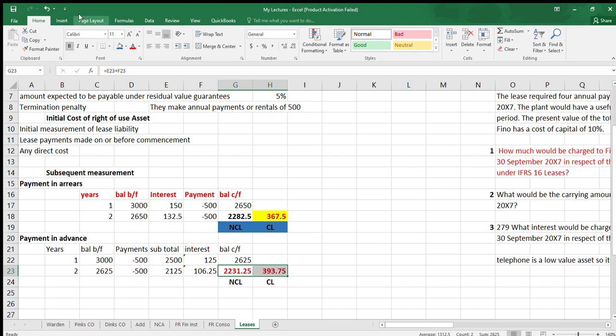That's all. That's all you need to know about accounting for leases.